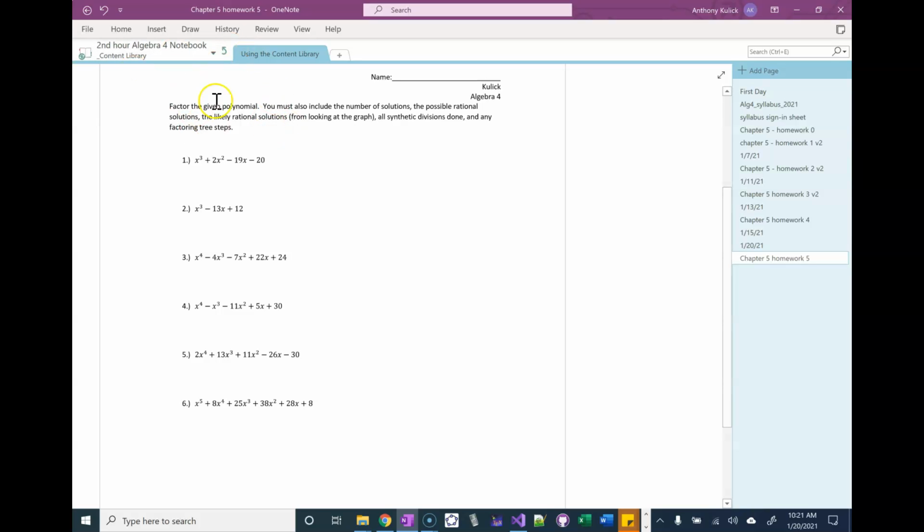I ask you to factor the polynomial, and I ask you to include the number of solutions, like we've done, using the fundamental theorem of algebra, the possible rational solutions, the likely rational solutions, that's what we're looking at the graph and determining, and then all the synthetic divisions done and any factoring tree steps. Okay, so basically saying to show all the work kind of the way that we did in the examples.